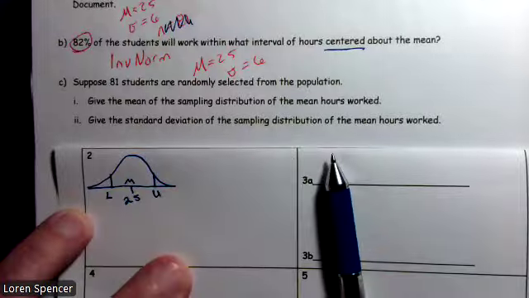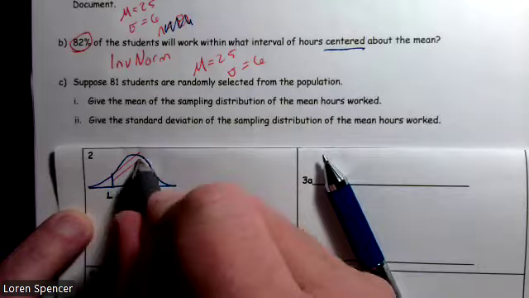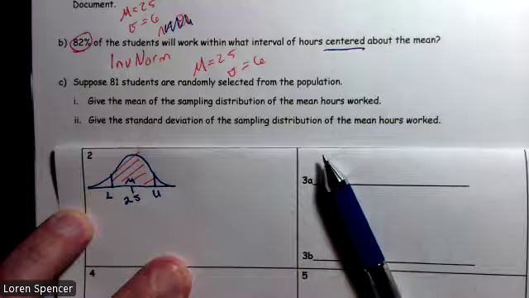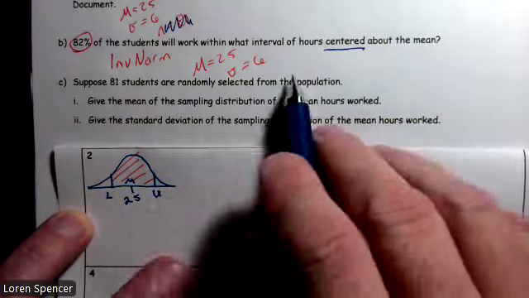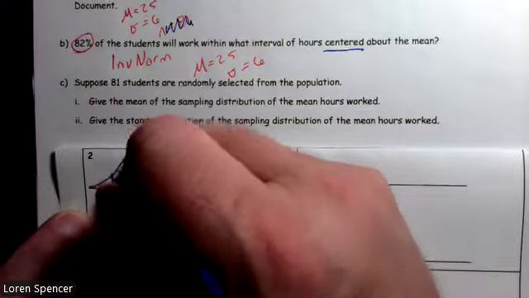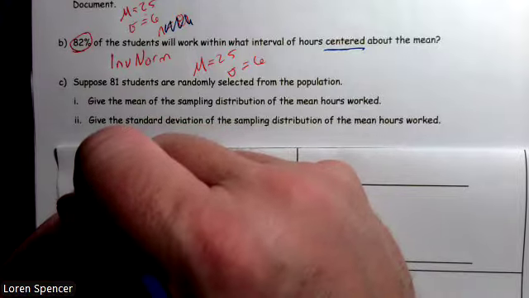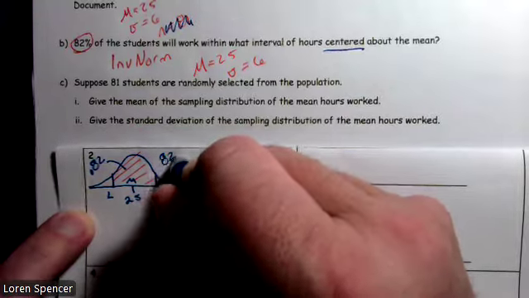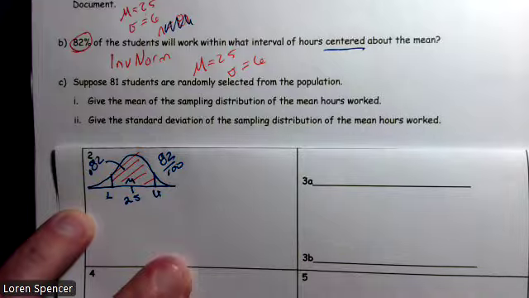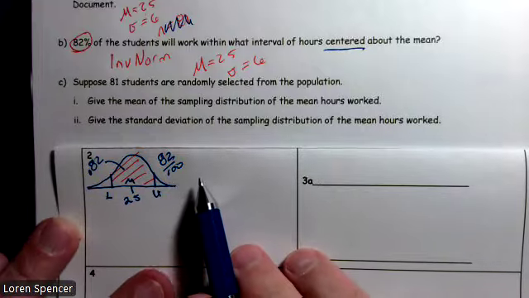I'm looking for this lower bound and this upper bound. And we know that it said 82%. So this area right here needs to be 0.82. And please remember that's 82 divided by 100. Anytime you want to do a percent, divide it by 100.